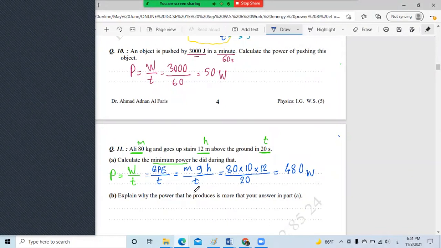Explain why the power that he produced, in reality, is more than your answer. Who can tell me why the power that he produced is much more than our calculation? Because we didn't calculate the kinetic energy in his arms and the heat. Exactly. Bravo.